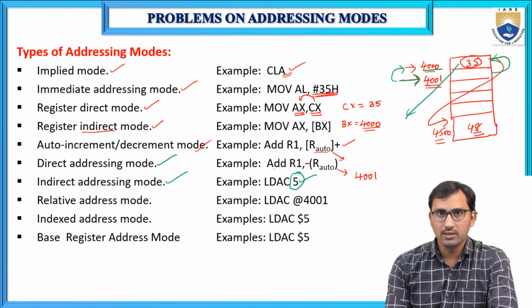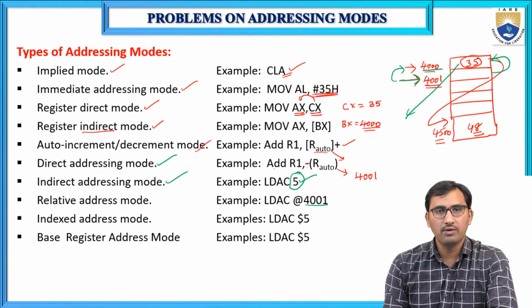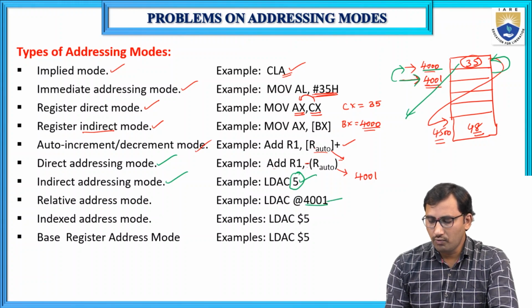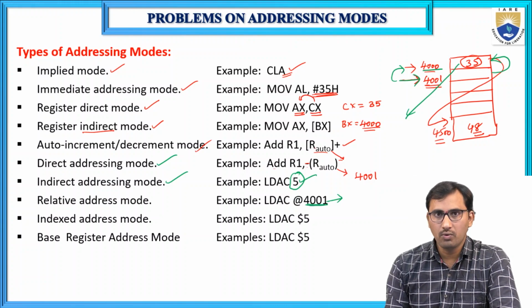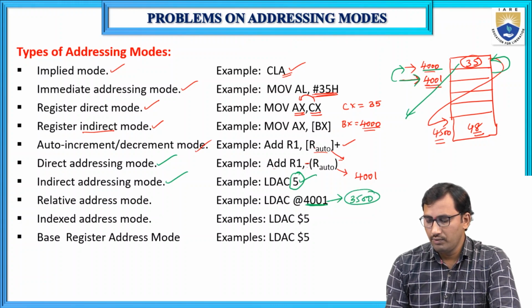In indirect addressing mode, the address is not given directly. LDAC @4001. So 4001 is not the address of the operand. 4001 contains the address of the operand. So in that 4001 location, we will have a memory location, for example 3500, which contains the operand.